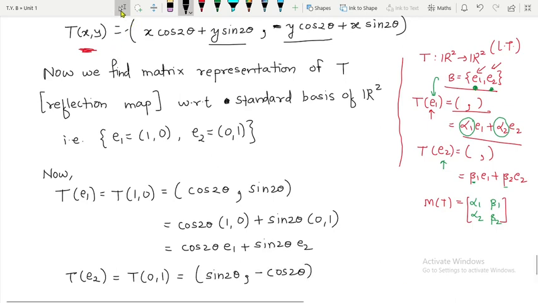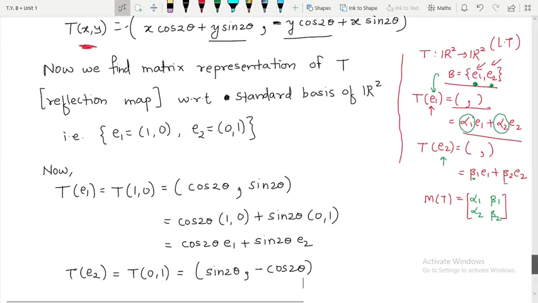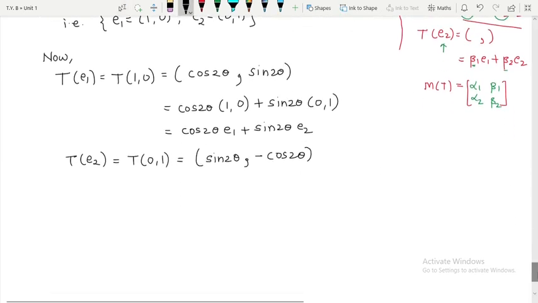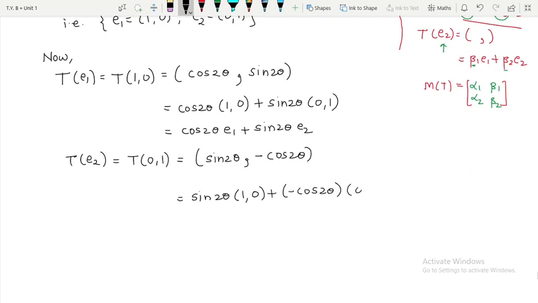Which will be further equal to, so you have to express it as a linear combination of E1 and E2, which you are now master of. So this is sine 2 theta (1, 0) plus minus cos 2 theta (0, 1). So this is equal to sine 2 theta E1 plus minus cos 2 theta E2.